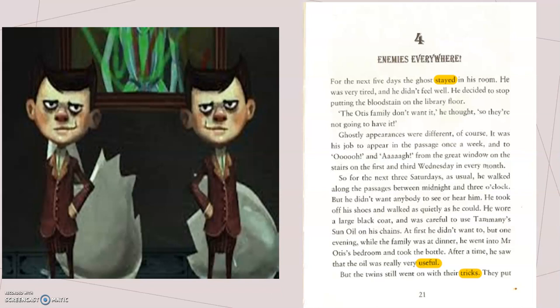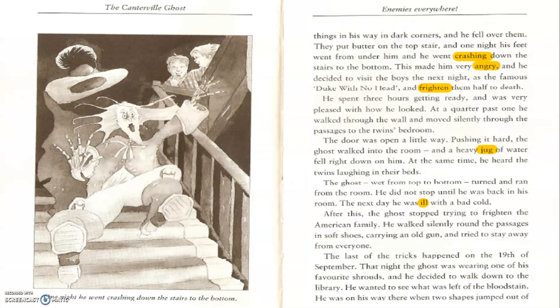But the twins still went on with their tricks. They put things in his way in dark corners, and he fell over them. They put butter on the top stairs, and one night his feet went from under him, and he went crashing down the stairs to the bottom.